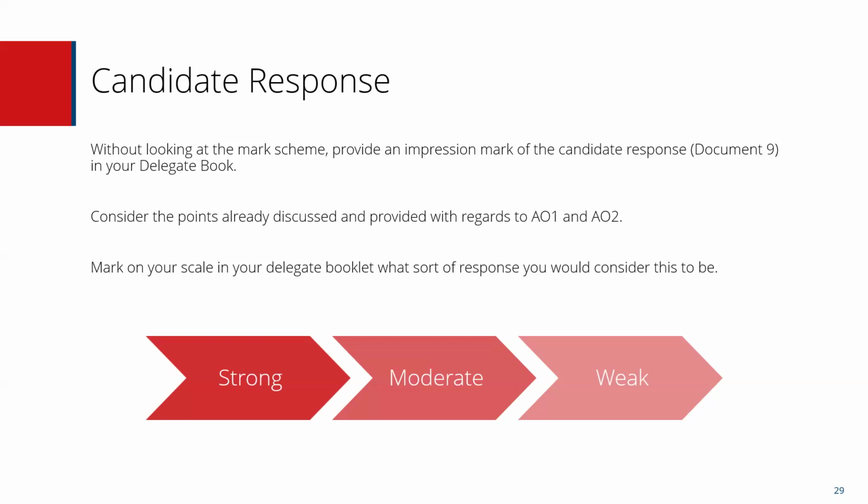Your level 4 answers have to address 3 aspects, otherwise they're stuck at level 3. So your level 4 answers are analytical and they're consistently directed at the question, so the line of reasoning is sustained.